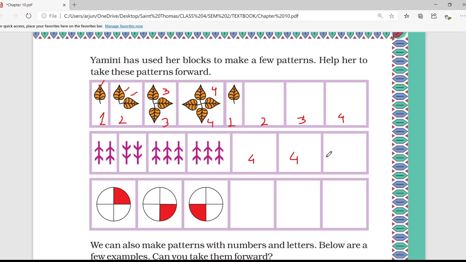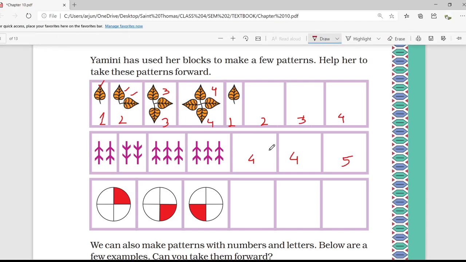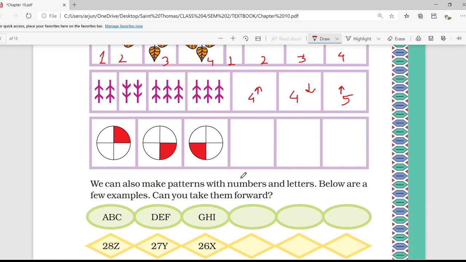So after 2 pairs, a new pair will start, which will be 5. So now here 2 arrows, 3 arrows, then here 4 arrows will come. Here also 4 arrows will come. Here 5 arrows will come. Now here one is upward, one is downward. Then both are upward. So which pattern will be followed? Here upward, here downward, and here upward. Okay, same pattern.